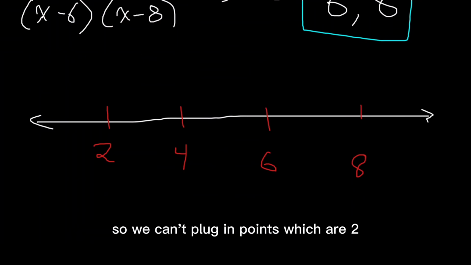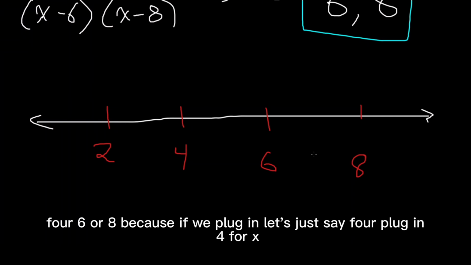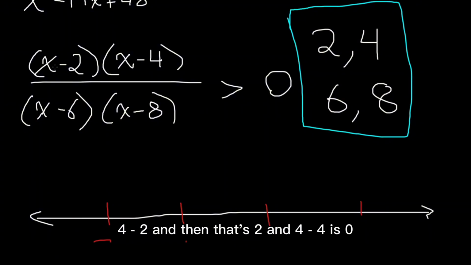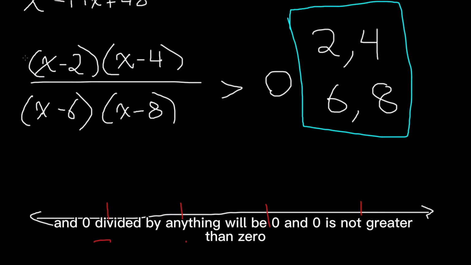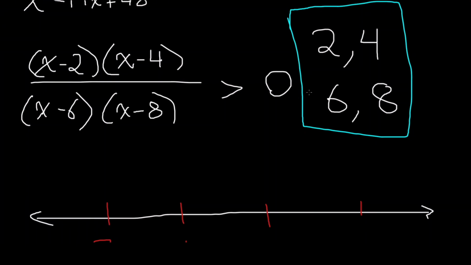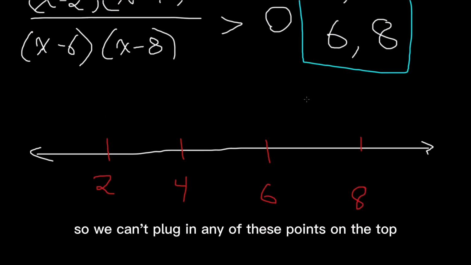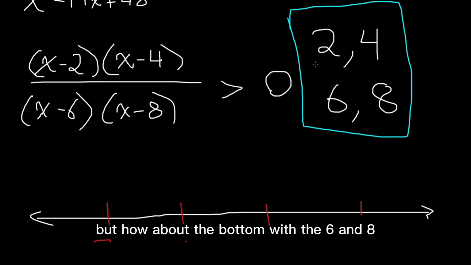So we can't plug in points which are 2, 4, 6, or 8, because if we plug in, let's just say 4, plug in 4 for x, 4 minus 2, and then that's 2, and 4 minus 4 is 0, 0 times 2 is 0, and 0 divided by anything will be 0, and 0 is not greater than 0. So we can't plug in any of these points on the top, but how about the bottom for the 6 and 8?